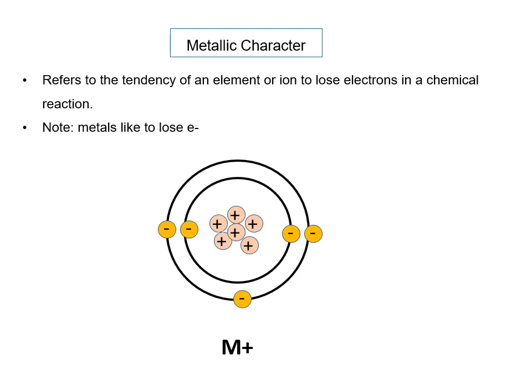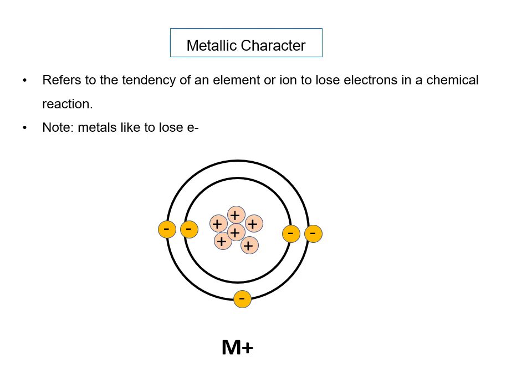Notice what we see here is similar in concept to ionization energy. The difference is that ionization energy referred to the energy required to take an electron off, whereas metallic character refers to the tendency of that element to lose an electron. So they go hand in hand in that the lower the ionization energy is, the greater that tendency of that element to lose the electron, right?